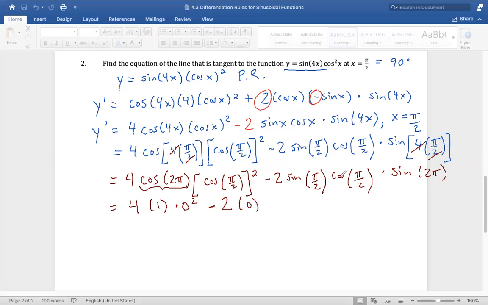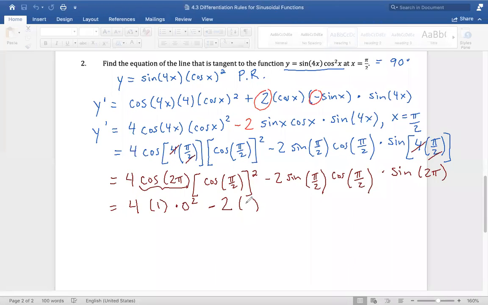Pi over 2 is, so wait, I've got sine here just to double check. Something doesn't seem right since cos is 0. So let's go back to my sine, starting at 0. At pi over 2, yeah, I did make a mistake. That's 1. So go back to your sine curve at 90 degrees. It should be 1. Right here, sine of pi over 2. This is not right.